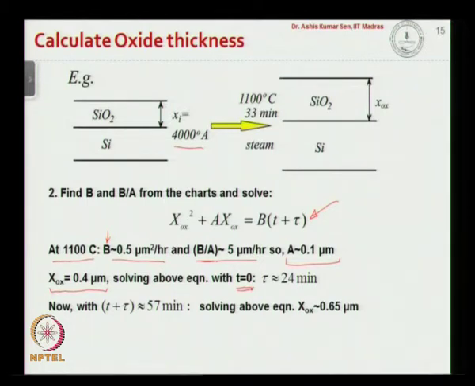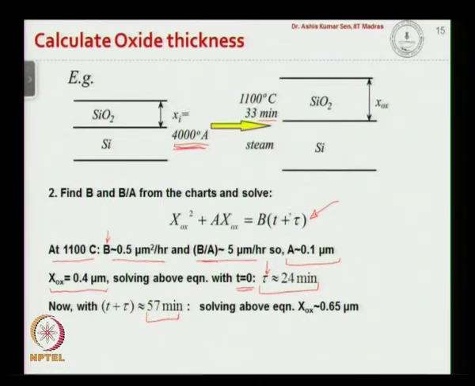In that case you have to find what is the time scale that you need to grow this oxide layer. So you can solve this with t equal to 0 in this equation. You can find tau is about 24 minutes. Now you are oxidizing for another 33 minutes, so t plus tau will be 57 minutes.